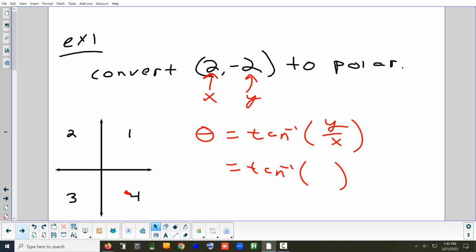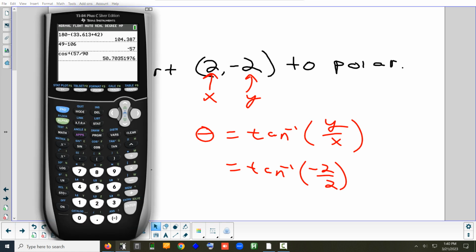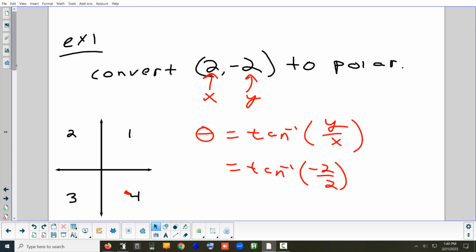Okay, so inverse tangent. And then fill in your two numbers, y over x. -2 over 2. When I type in inverse tangent, what's -2 divided by 2? Negative. Yes, I'm just going to do the inverse tangent of -1. And that gives me an angle of -45 degrees. That's going this way.